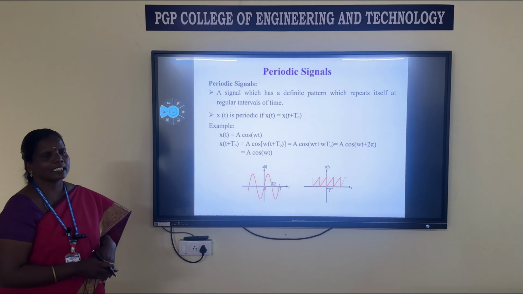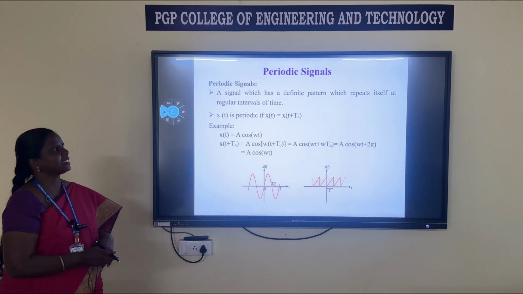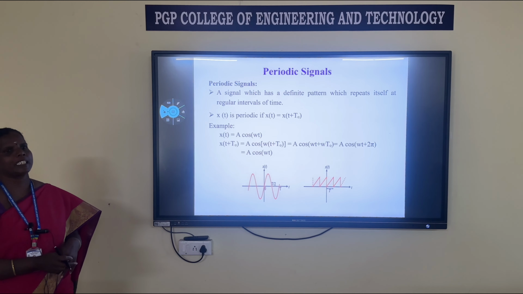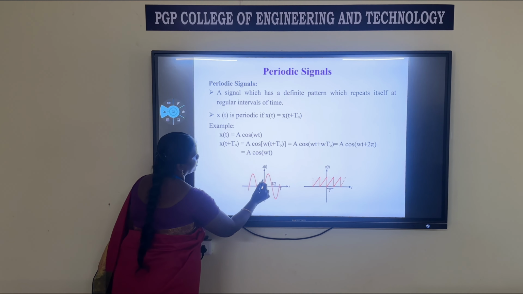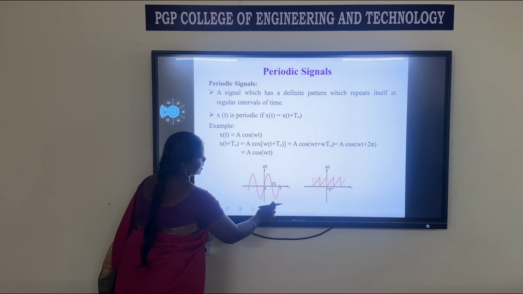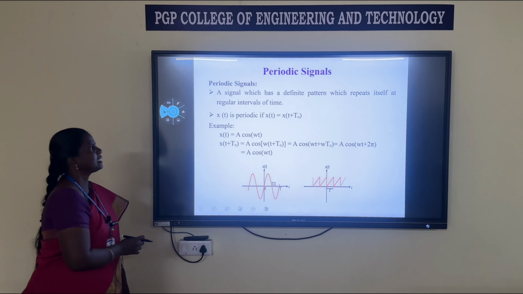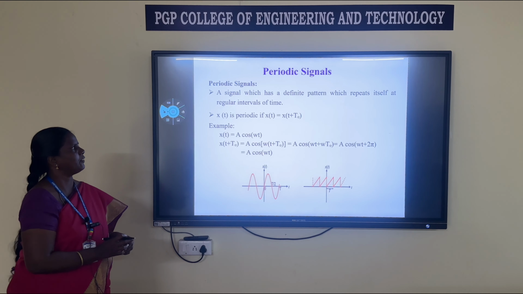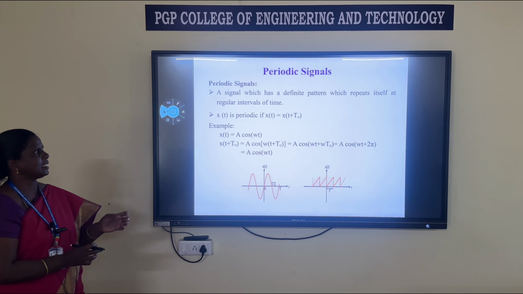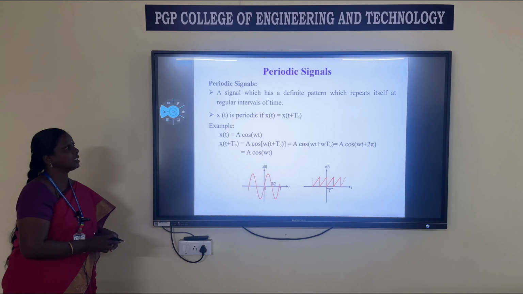So periodic signal. A periodic signal is nothing but a signal that repeats after a certain interval of time. So this is one period, and again it will repeat. So this signal is called a periodic signal. The condition for a periodic signal is x of t is equal to x of t plus T naught.